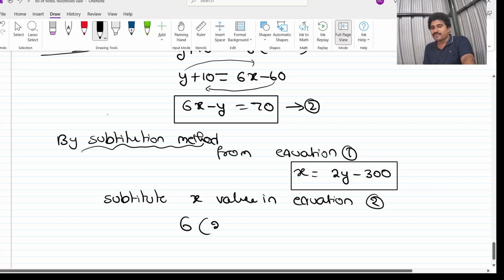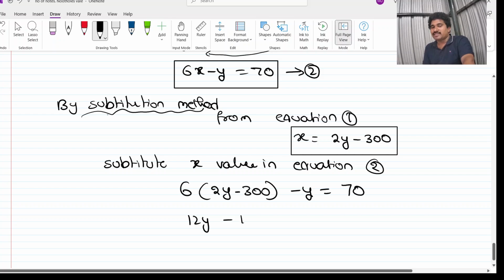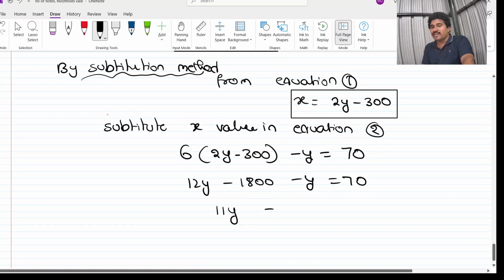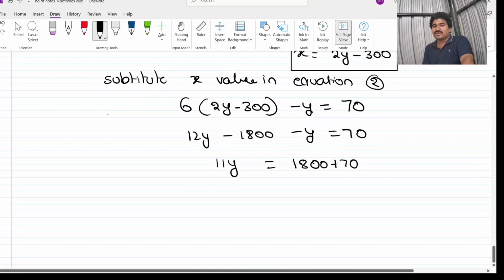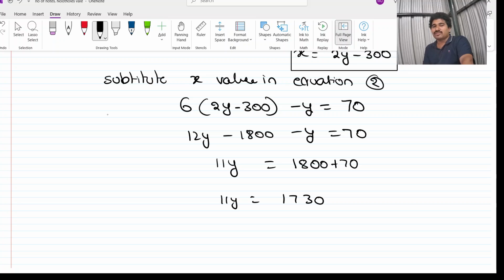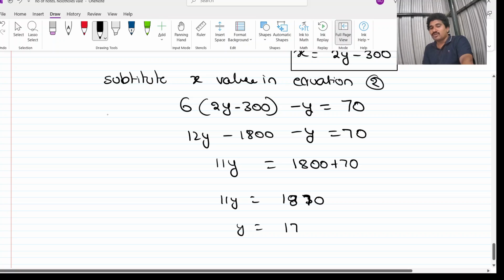So 6 times (2y minus 300) minus y equal to 70. 12y minus 1800 minus y equal to 70. 11y equal to 1800 plus 70, that is 1870. So y is equal to 170.